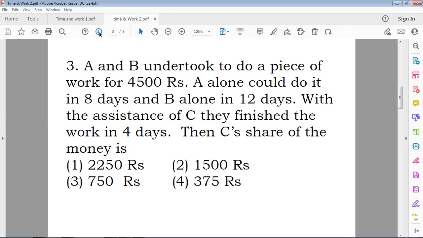Yes, we have one option that is 750 rupees. Anybody else got the answer?